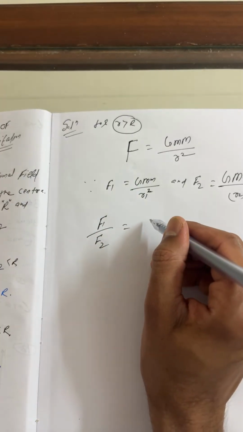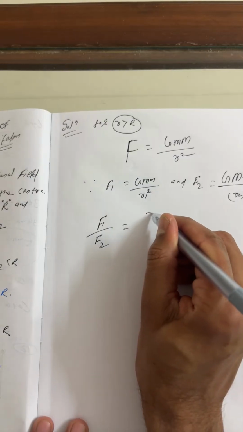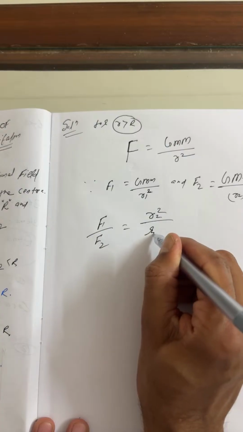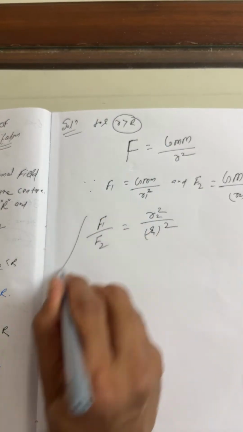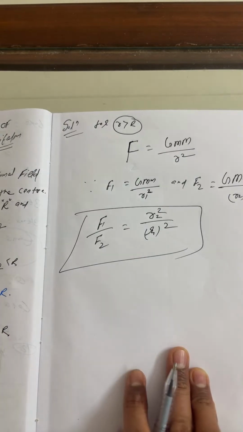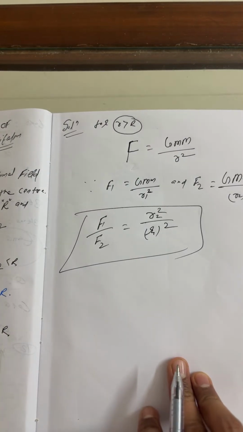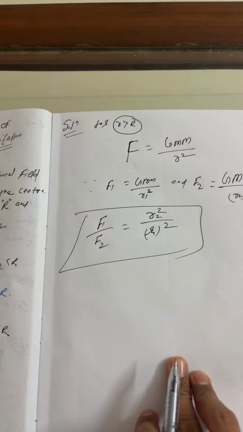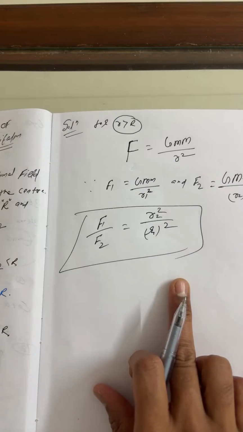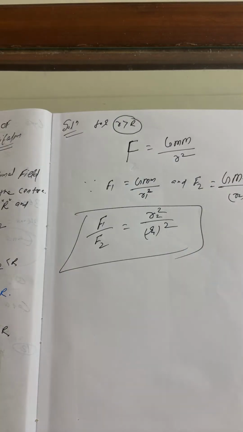You can easily write it as r2 square upon r1 square. This is the condition to keep in mind: F1 upon F2.